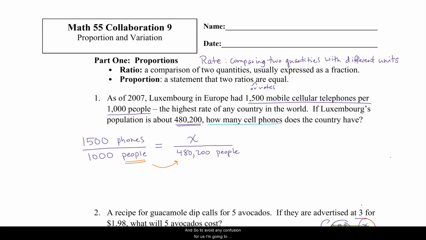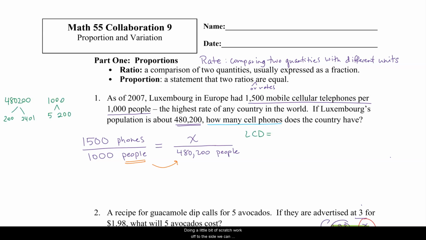And so to avoid any confusion for us, I'm going to multiply both sides by the least common denominator of all the fractions in the problem, just like we've seen before in solving rational equations. So using the same techniques that we've seen before, solving rational equations by multiplying by the least common denominator.